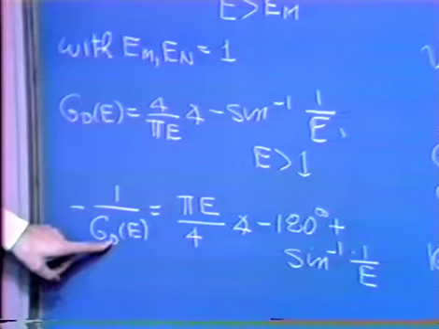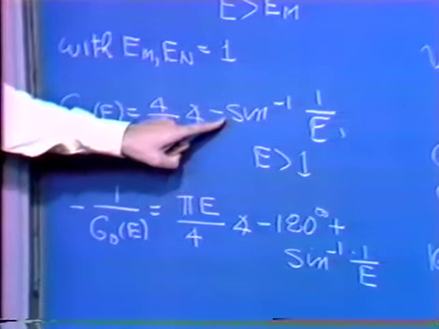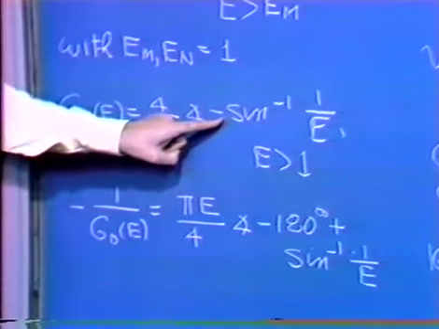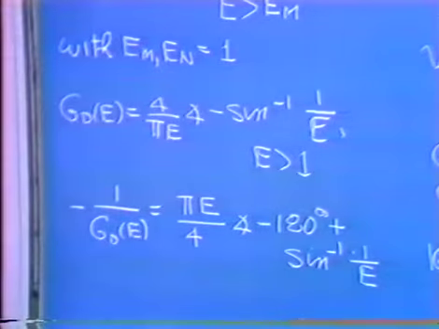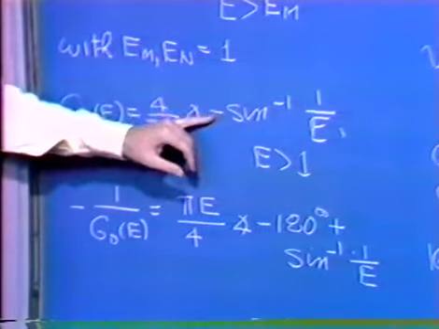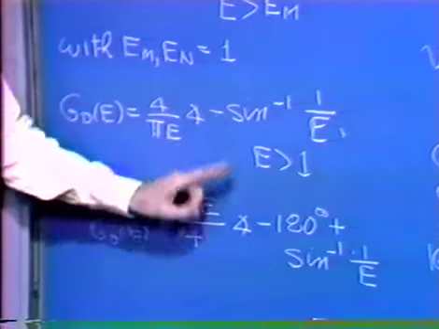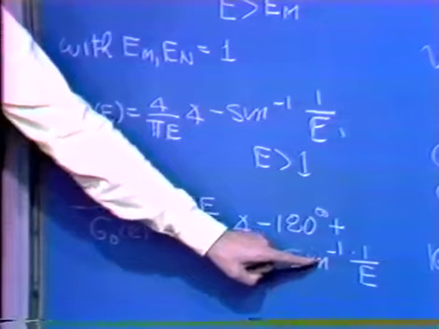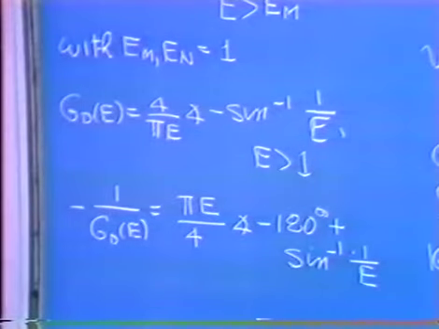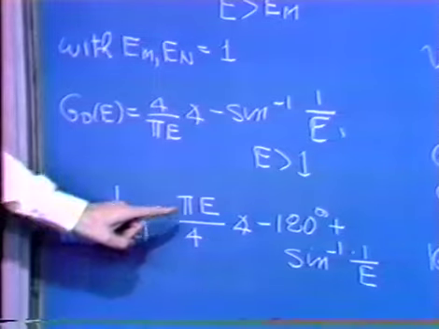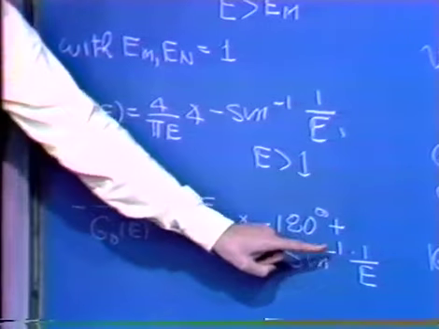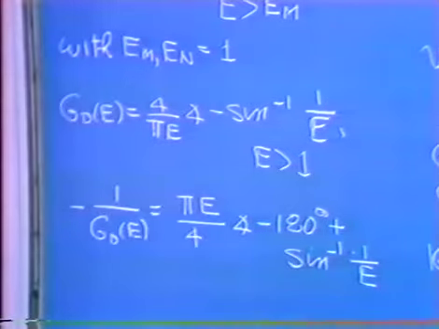Since we're taking 1 over g sub d of E, and the angle associated with g sub d of E is minus the arc sine of 1 over E, when we take the reciprocal of that, we simply change the sign, and we get plus the arc sine of 1 over E. So the total angle associated with minus 1 over g sub d of E is minus 180 degrees plus the arc sine of 1 over E.